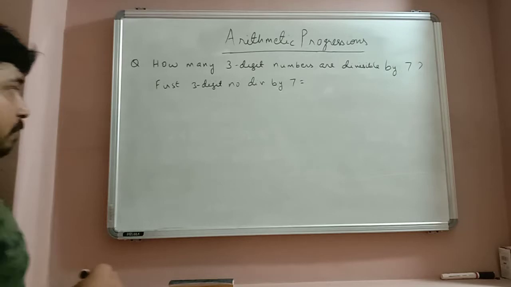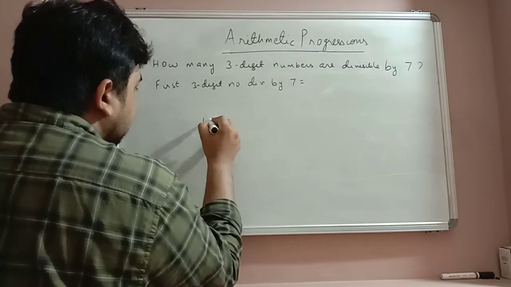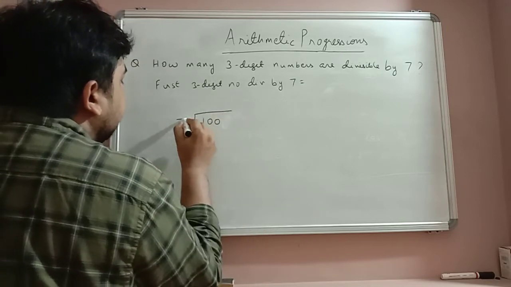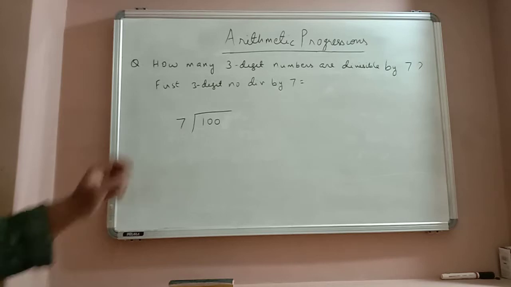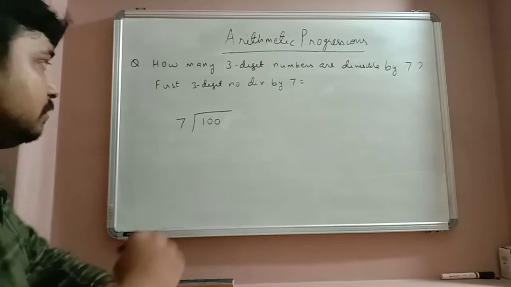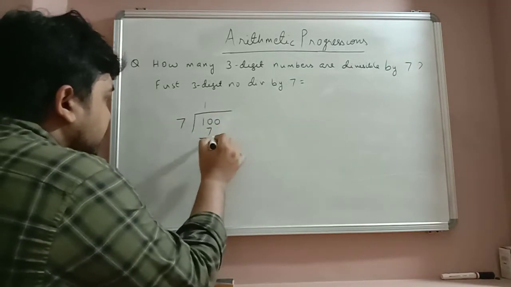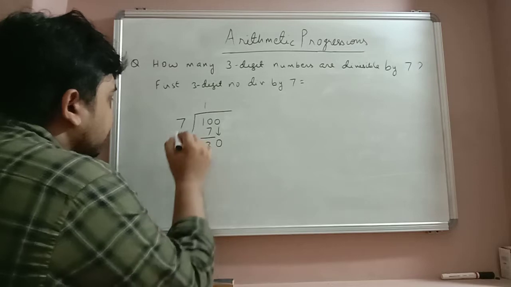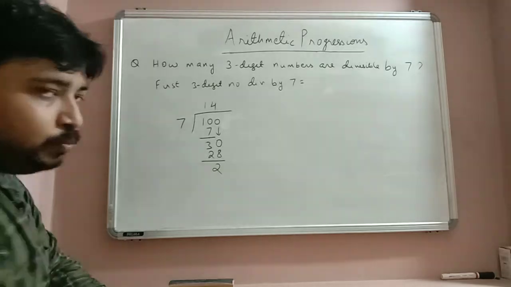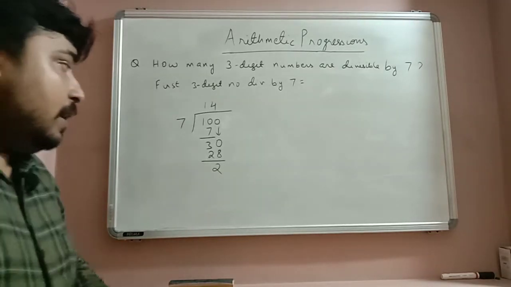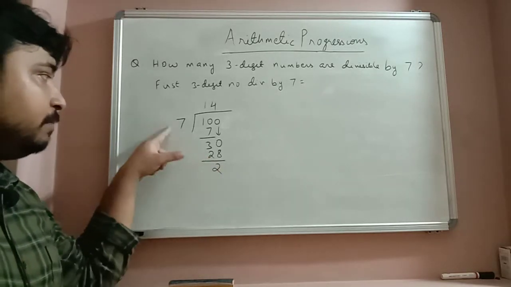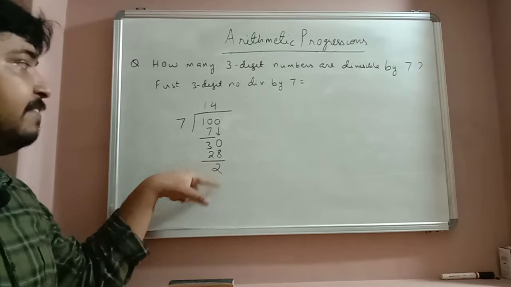We will take the smallest 3-digit number, which is 100, and divide it by 7. 7 1s are 7, 3 carry over, 7 4s are 28. We are left with the remainder 2. Now whatever remainder we get, we take its difference from the divisor. So 7 minus 2 is 5, and add it to the number.